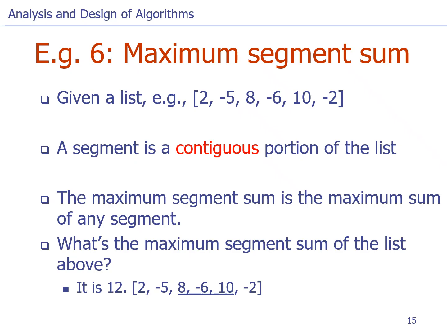But then we run into the same issue we've seen with the closest pair problem. What are the sequences that start in one subarray and continue on to the adjacent subarray, starting in the left subarray and continuing on to the right subarray, and their sum is actually bigger than anything else we have seen?